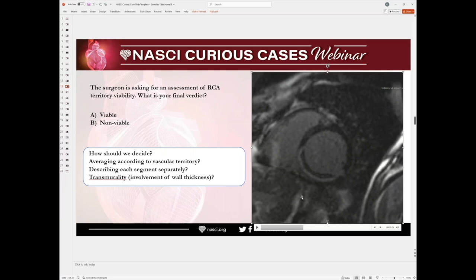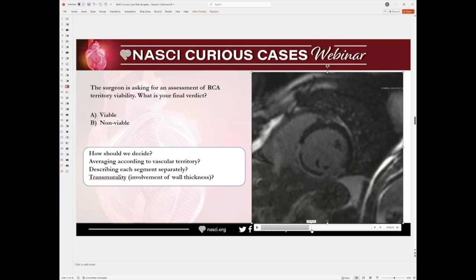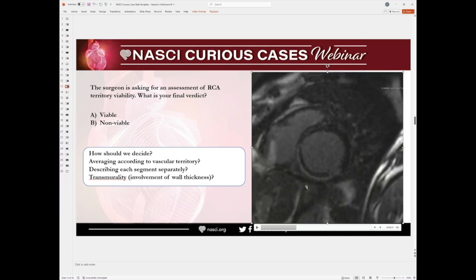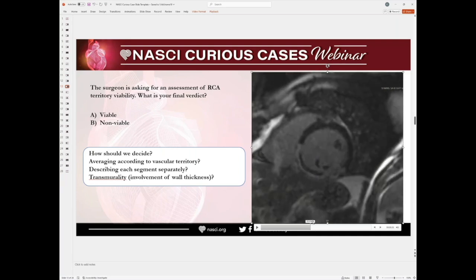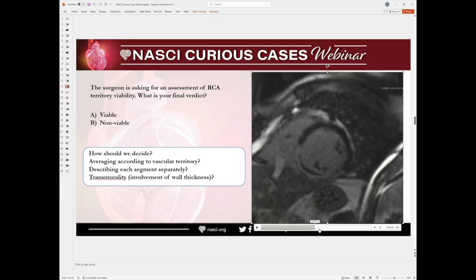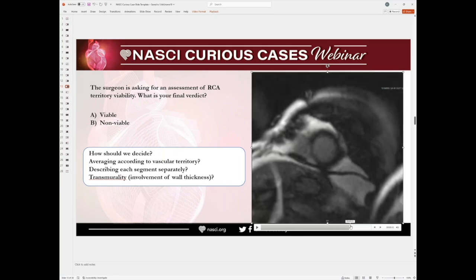These microvascular obstruction areas will probably be irreversible, not the delayed enhancement itself. But you can still have some edema, and I agree with you. There will be some reversibility, but probably this whole area will be infarcted in the long term, and the extent of the infarct is really extensive.